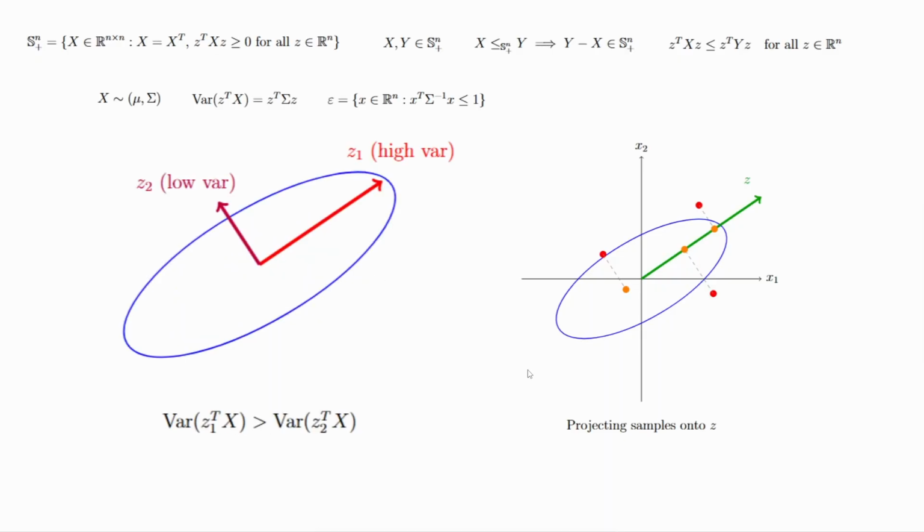Notice that if X1 and X2 are positively correlated like we had before, and Z is aligned with the major axis, then the variance will be larger. This is because when we project onto the Z line, we're more likely to be farther along the Z line, because the ellipse is shaped like this.